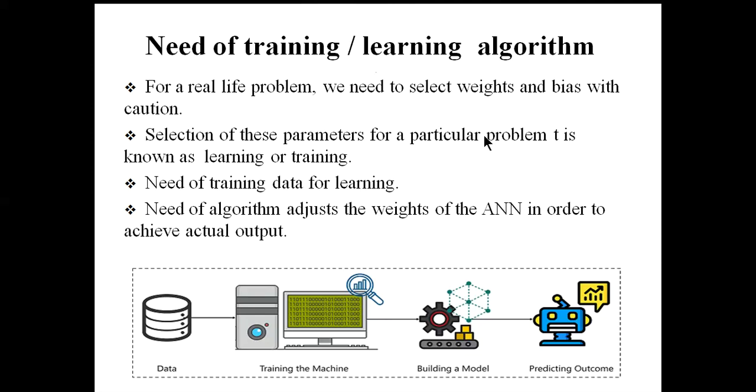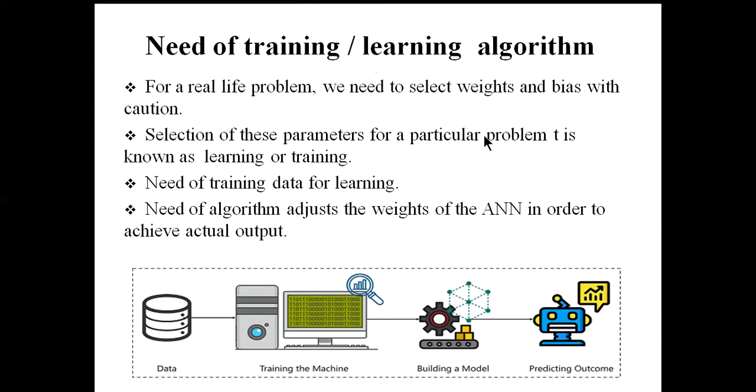For learning or training, we need some kind of data that is called the training data, and we need some kind of algorithm to find the values of weight and bias.